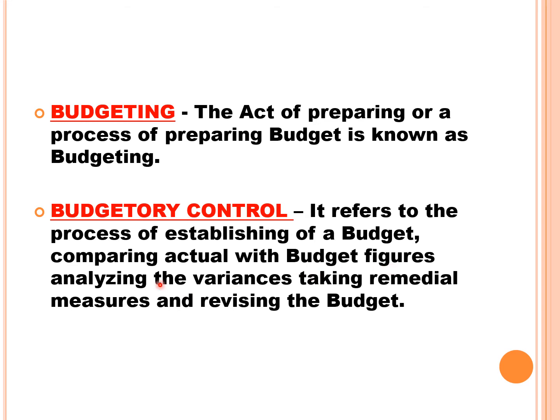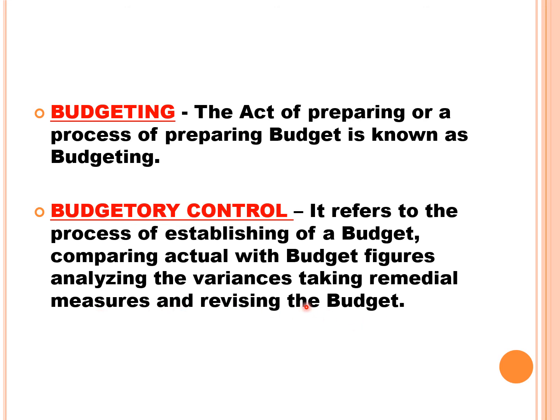Number 3, analyzing the variance. Variance means difference. Find the difference between the budgeted figure and the actual figure. Fourth, if there is any variance, you should take necessary actions. Remedial measures is nothing but necessary actions. And the fifth one, you need to revise the budget.